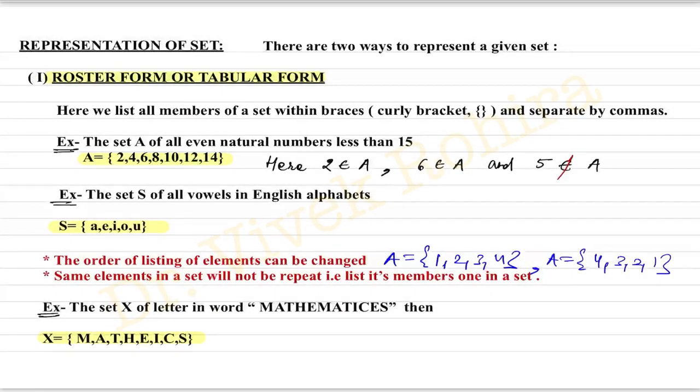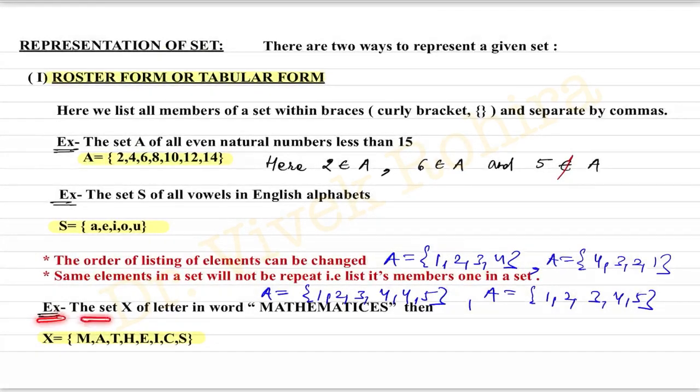Second important point, the same elements in a set will not be repeated. That is, list its members once in a set. If A equals {1, 2, 3, 4, 4, 5}, then A will be equal to {1, 2, 3, 4, 5}. 4 will come only one time.